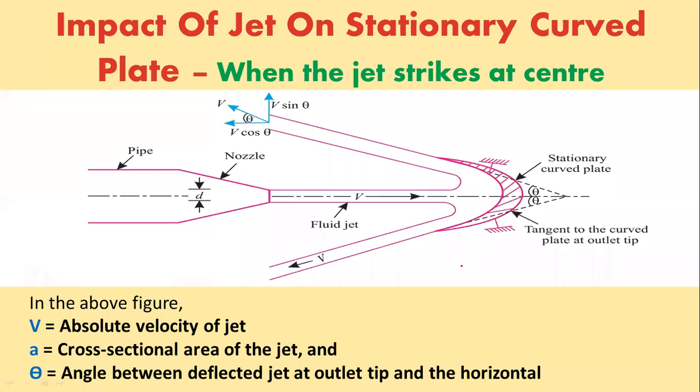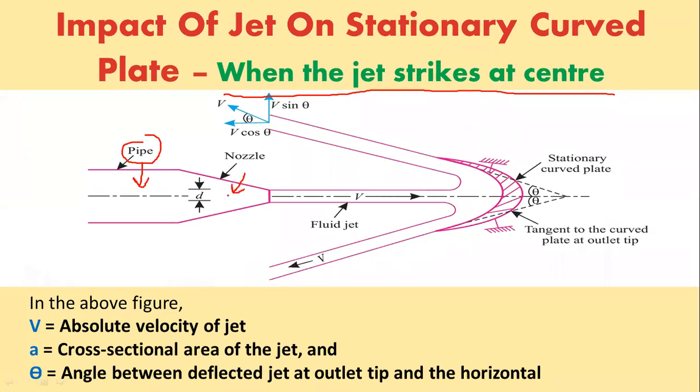Let us come now to the impact of jet on a stationary curved plate. Here we will be seeing the first case, that is when the jet strikes the curved plate at the center. You can see here, this is a pipe.